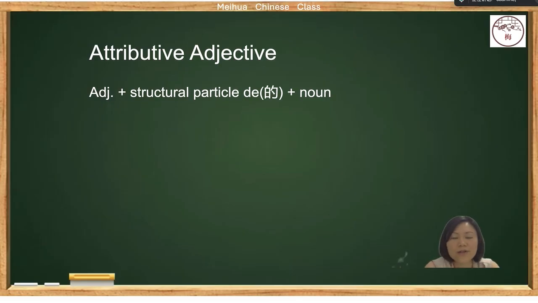I just started learning Spanish and I got to know that in Spanish we use the particle de, which is also pronounced de here, similar to the Chinese character 的. We use de.